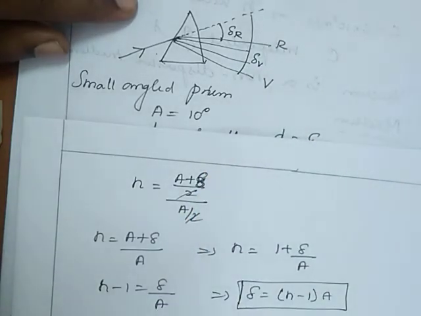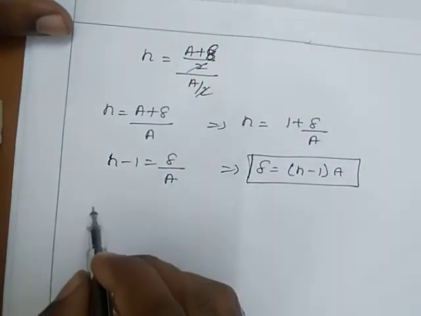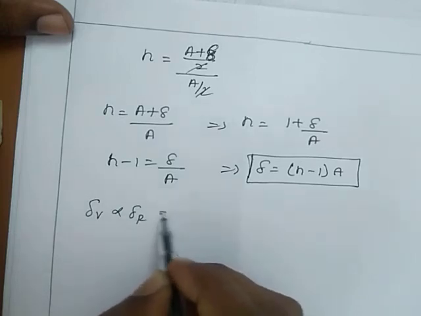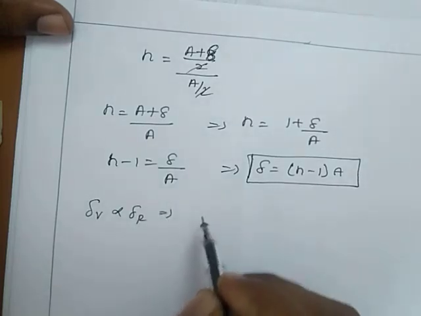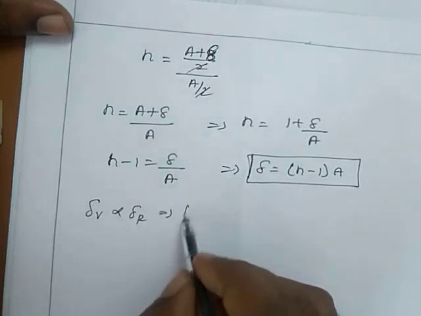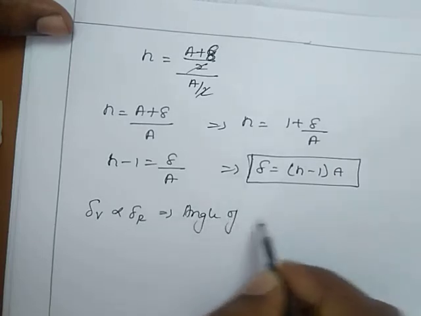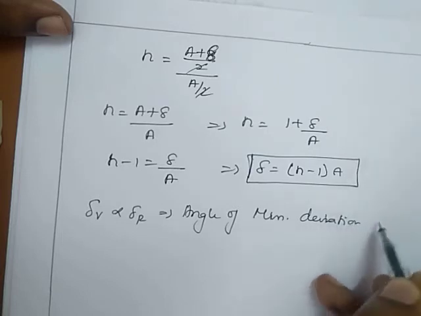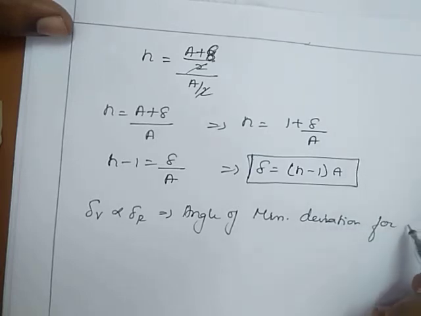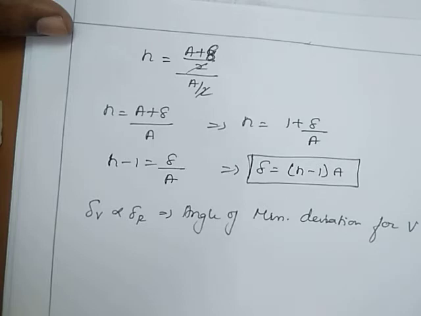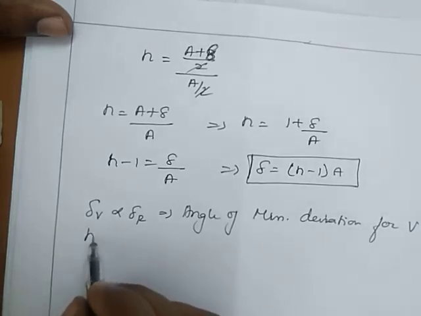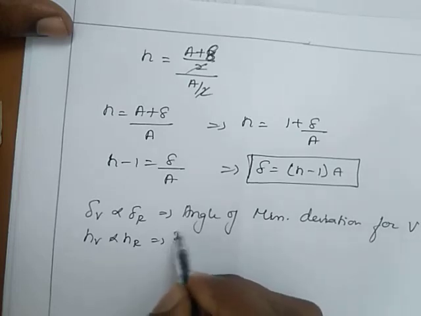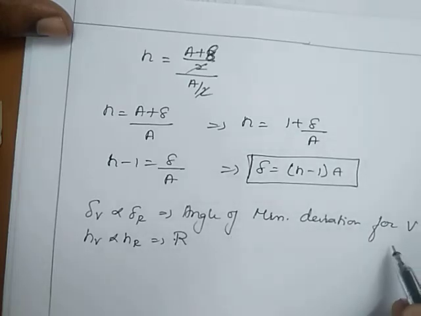So we can consider delta V and delta R, the angles of minimum deviation for violet and red, and NV and NR, the refractive indices for the colors violet and red.